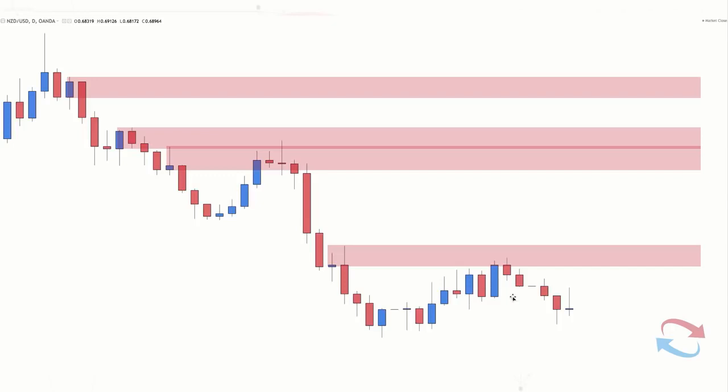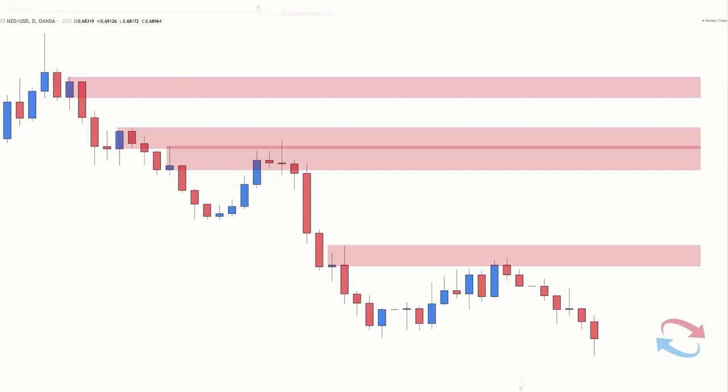So as we get some supply, we get a reaction off that zone. Now we get a new low. So we got a new low, which is here, and then this bullish candle close would be your next area once we've made a new low that closed, or the candle wick is below that low.